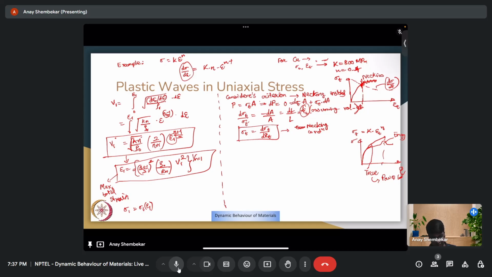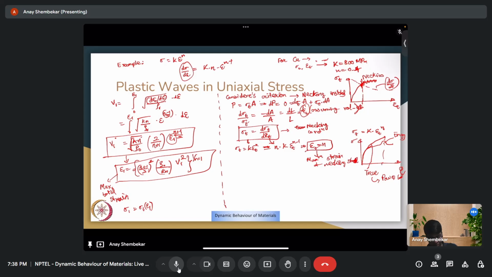Assuming sigma t is k epsilon t raised to n, you have d sigma by d epsilon, which is n times k epsilon t raised to n minus 1, which gives us epsilon t is equal to n. So this is the maximum strain at necking instability.